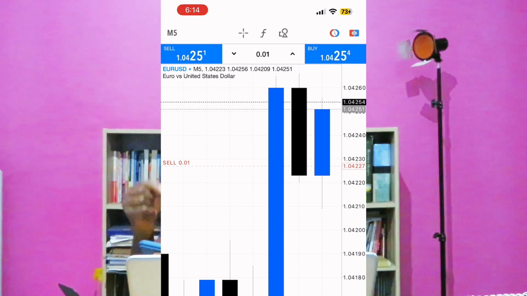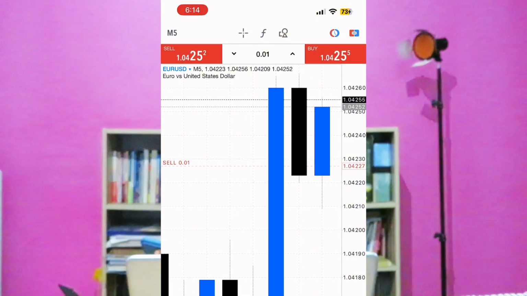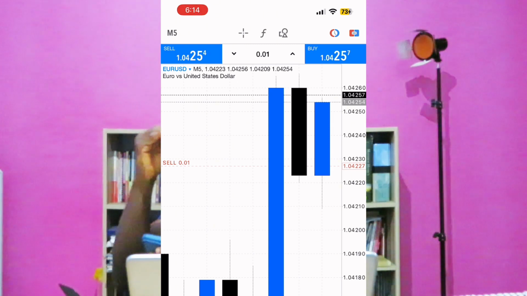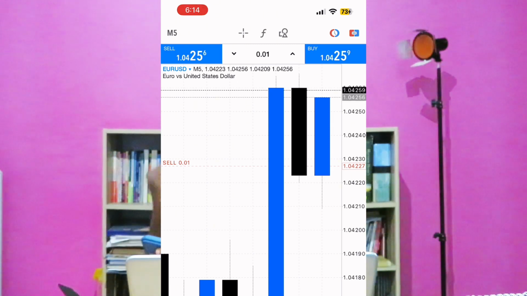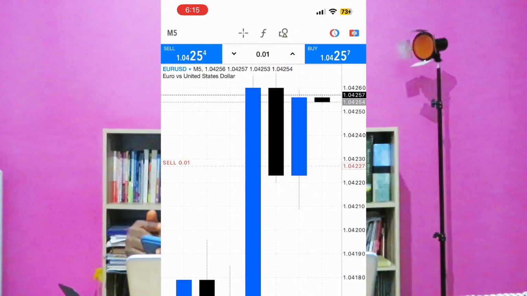The difference between the two is the bid and the ask price, right? Remember we said that the bid is what the buyers are willing to pay. That's the one above, and the one below is the ask, the price that the sellers are willing to offer. The difference between these two is what we call the spread.